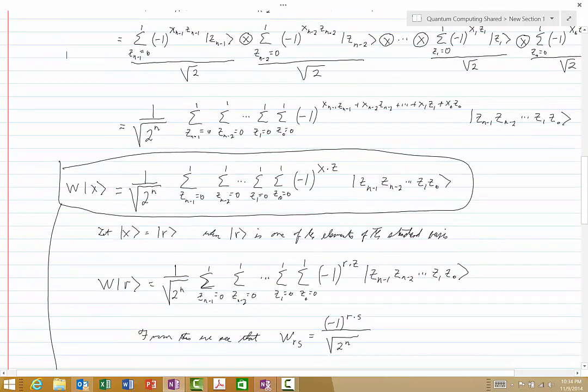Well, similarly, we're just going to call this z, and all these summations can be summarized into one summation where z can be any element of the standard basis for n-qubit states. Because if we let each one of these assume values of 0 and 1, then we get all of the possibilities.